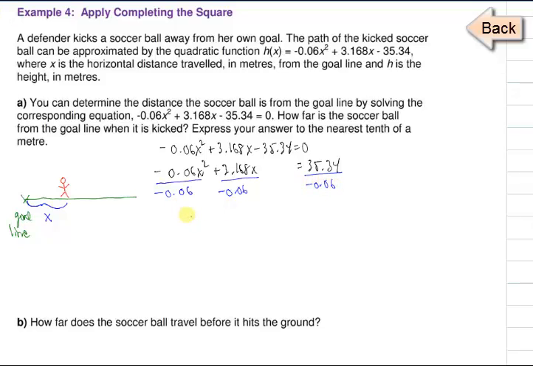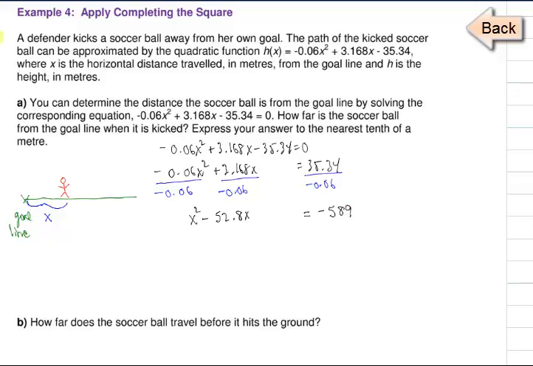That will give me x squared minus 52.8x, because positive 3.168x divided by negative 0.06 is negative 52.8x. And that's going to be equal to negative 589.